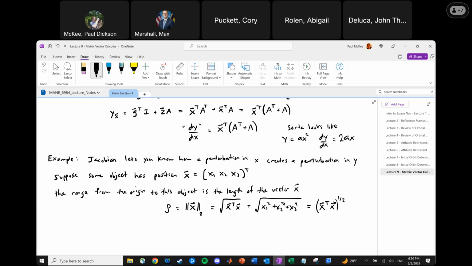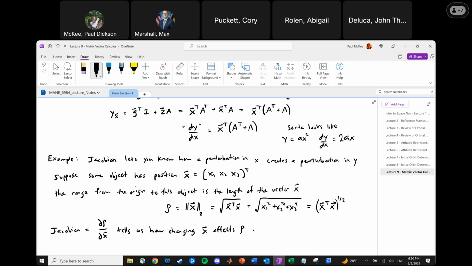Right? So the Jacobian, which is the derivative of rho with respect to x, tells us how changing x affects rho.